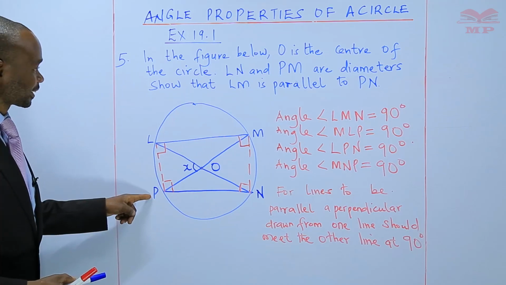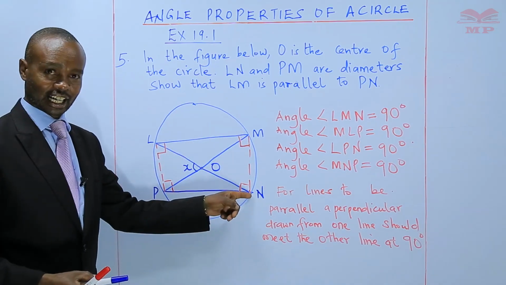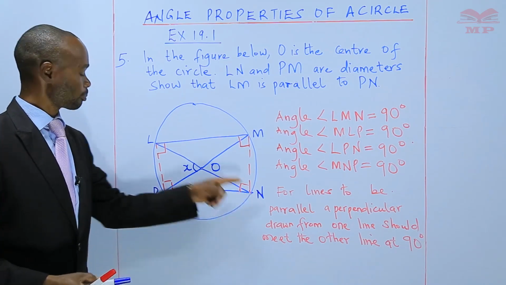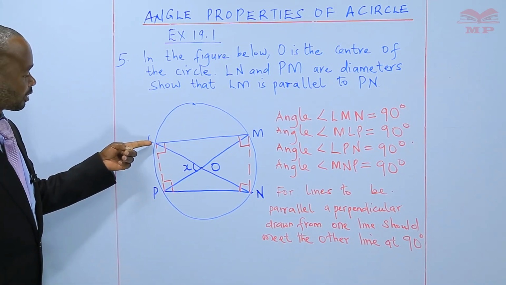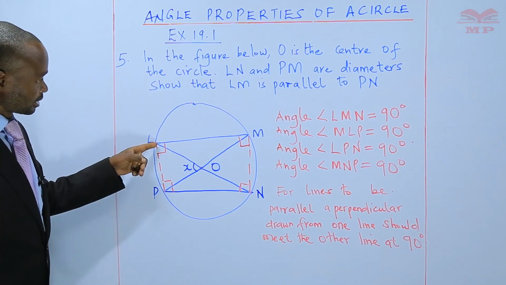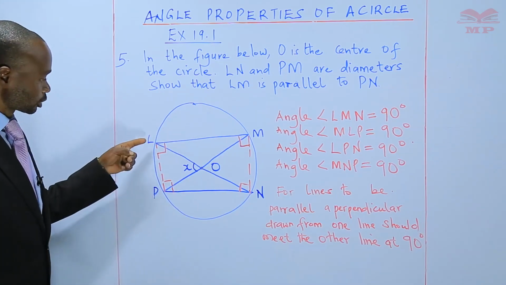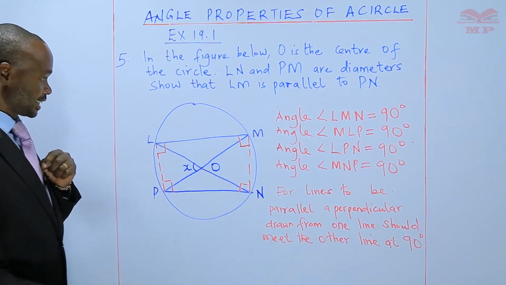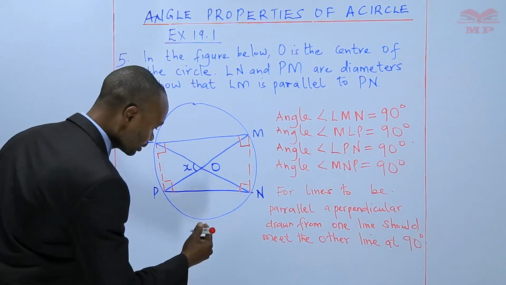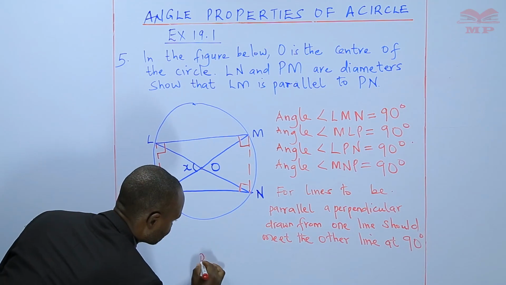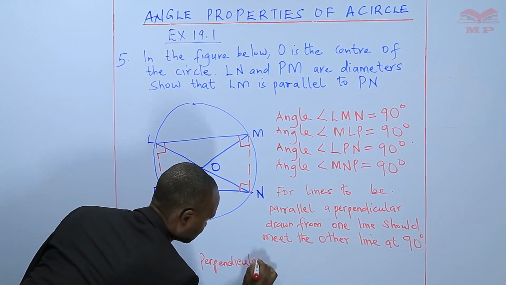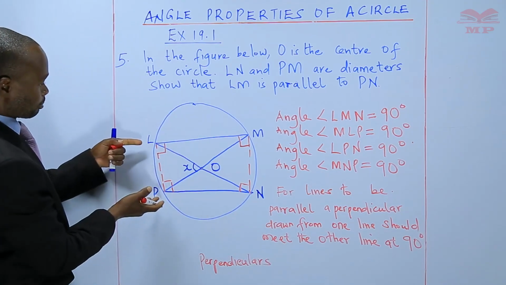LP and MN are acting as our perpendiculars, isn't it? When you say perpendicular LP, it is rising from which line? Line LM. And it goes to meet line PN at 90 degrees. So you simply say perpendiculars, they have acquired a name, perpendiculars.